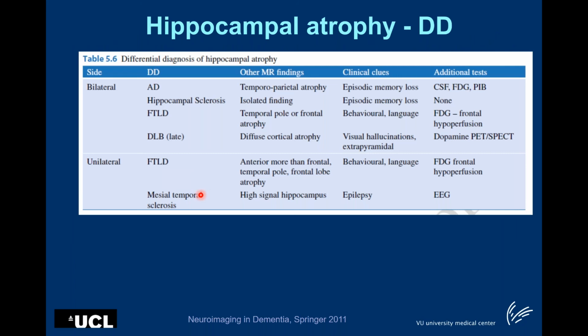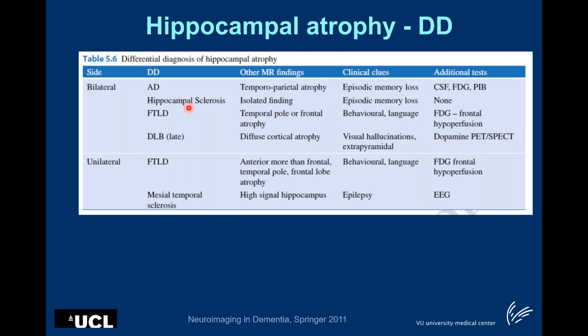Here's a table from our book showing the differential diagnosis of hippocampal atrophy. Obviously AD, where it tends to be bilateral. One disorder that also causes a lot of hippocampal atrophy is hippocampal sclerosis, which is really annoying because the clinical picture is the same as AD, the imaging findings are the same, but the pathology is completely different.